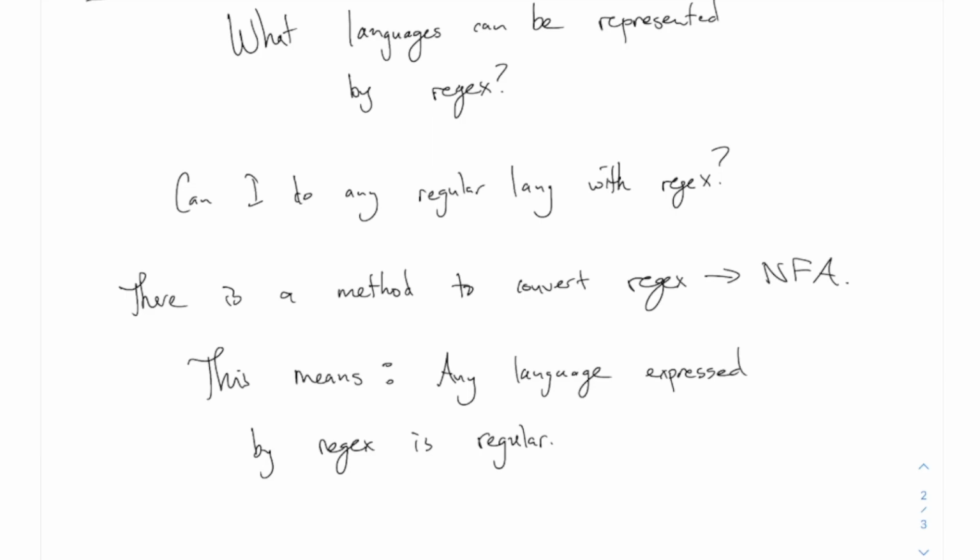And this actually means that regular expressions cannot express more than an NFA, because it is possible to convert any regular expression into an NFA. They may do less, but they don't do more. All right? Any language expressed by a regular expression is a regular language. That's actually why they use the word regular. I'm not sure what came first, the word regular as in regular expression or regular as in regular language, but the same word is being used both times for a reason.